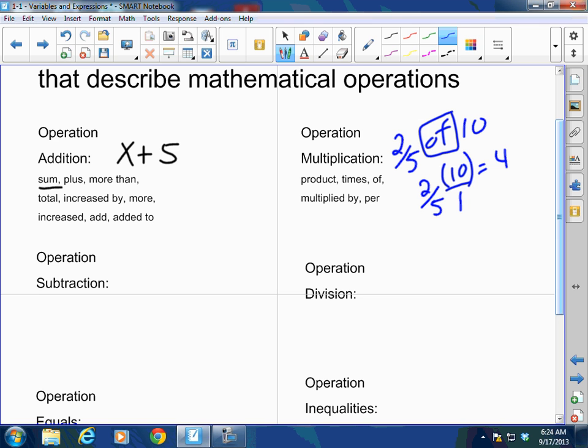Now, I want you to pay attention to this word here, per. Per can be used for both multiplication and division, and it really depends on how they phrase the expression.